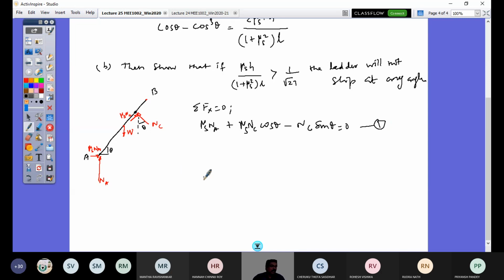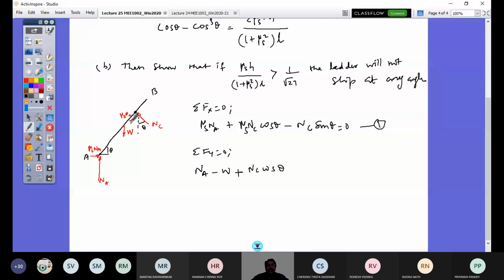So what is my second equation? Sigma Fy equals 0. When I do sigma Fy equals 0, I will have NA, this vertical force NA, and I have here minus W, and I have here NC, and this is the cos component, so it is plus NC cos theta.